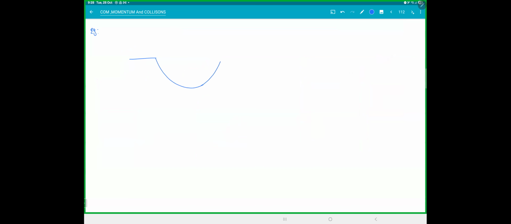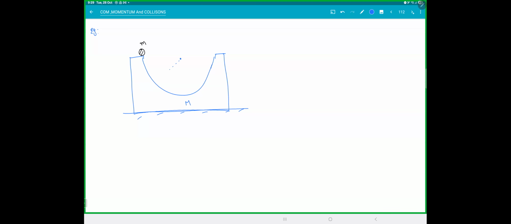They will say we have a platform like this. This is mass M. Here we have a ball of mass small m. This is radius r. So when you drop the ball inside, the ball will start moving inside this wedge.